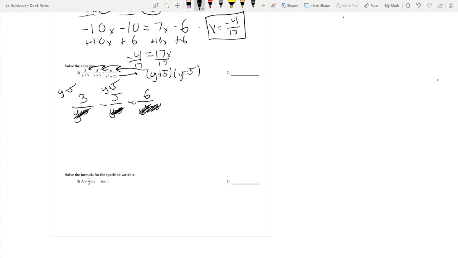So distributing as I rewrite this, I get 3y minus 15 minus 5y minus 25 is equal to 6. Combining like terms on this side, I get negative 2y minus 40 is equal to 6.